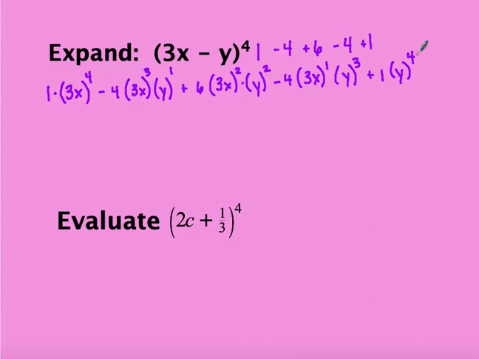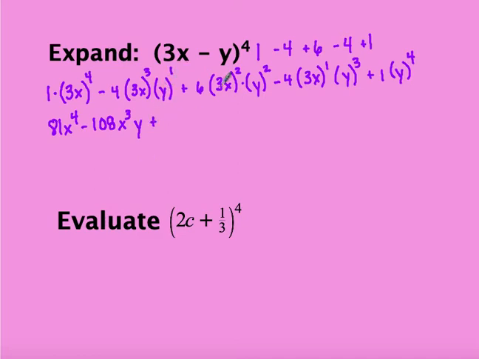So now I need to make sure that I expand that 3 along with the x. So this term's going to be 3 to the 4th power, which is 81, x to the 4th power. This here, I will have 3 to the 3rd power times negative 4, which is negative 108x cubed y. So I don't want to forget about my second term.